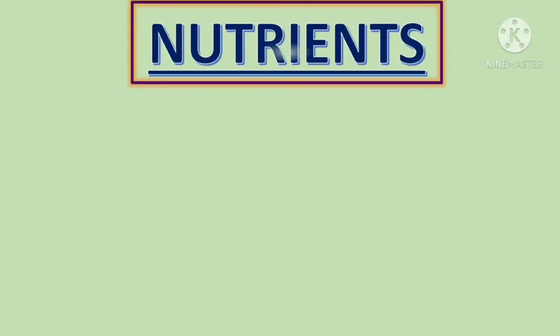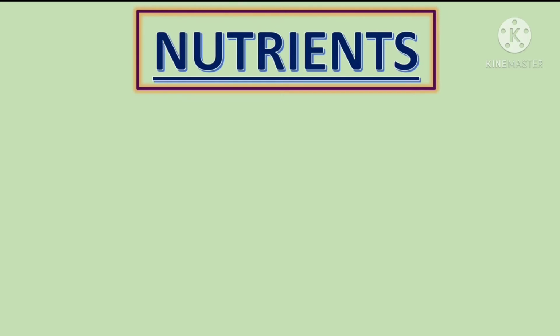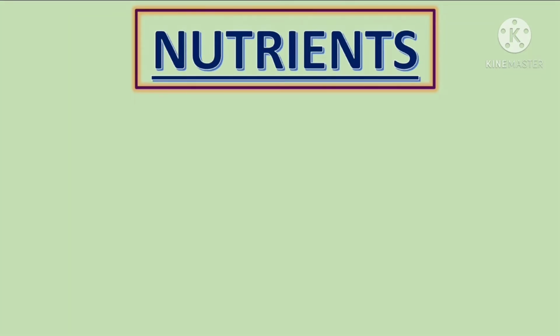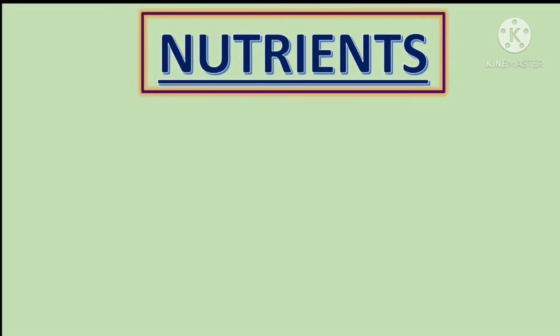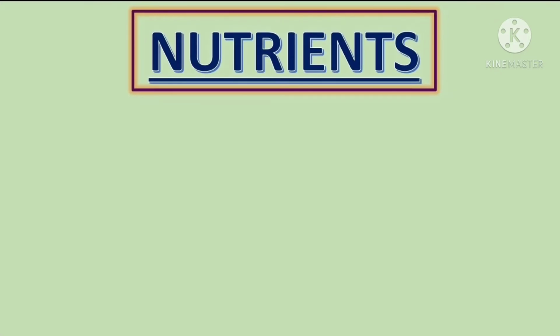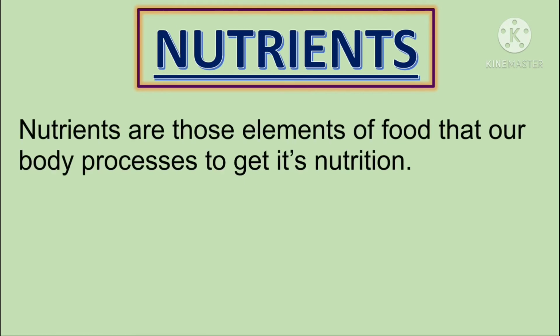So the first term that you all need to understand and I'm going to explain to you is the term nutrient. What are nutrients? Dear students, nutrients can be defined as those elements and components of food that our body processes to get its nutrition.